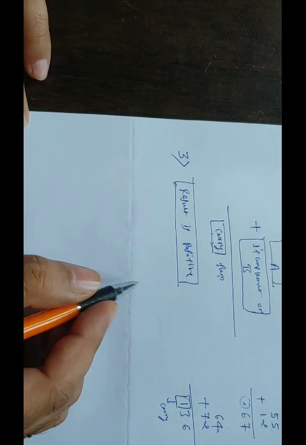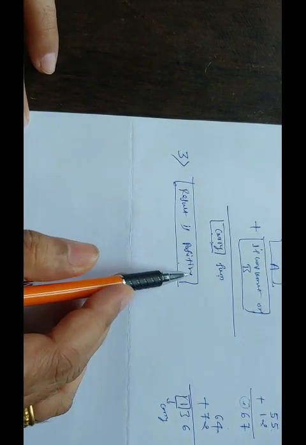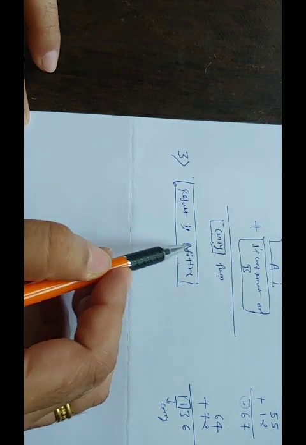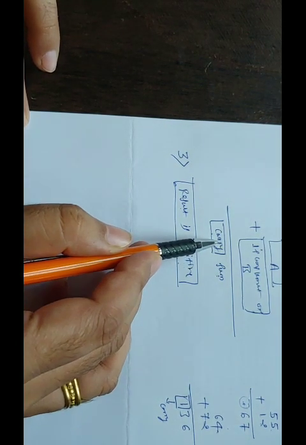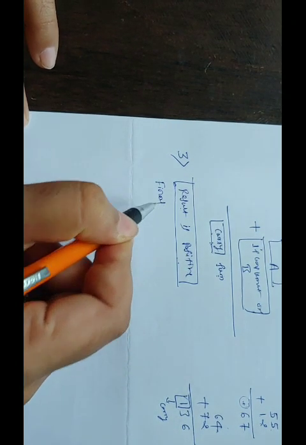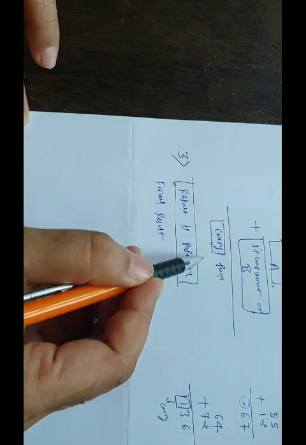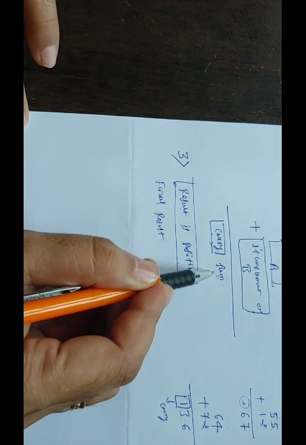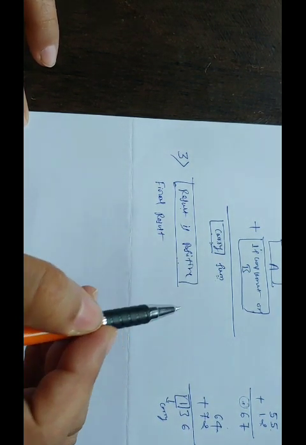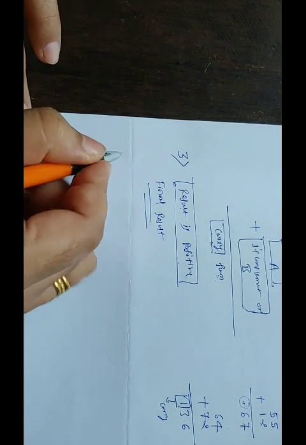With the example you can better understand, but as of now look at the procedure. If carry is generated, the result is positive, and to get the final result, add this carry to the sum. Whatever sum you have got here, the carry is added to that to get the final result. That is step number 3.